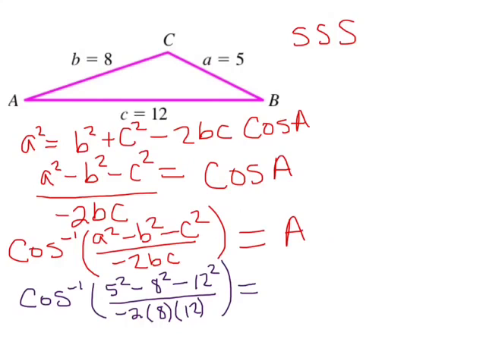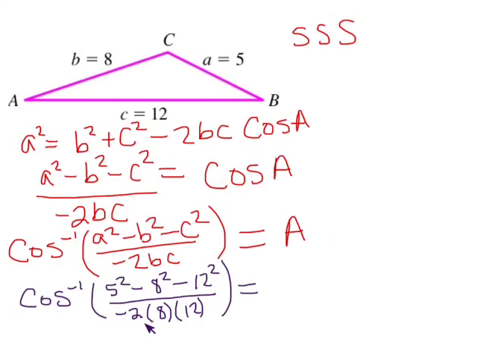When I simplify this, on the top I have 5 squared, which is 25, 8 squared, which is 64, 12 squared, which is 144. So 25 minus 64 minus 144. I would do the top part on your calculator and then the bottom part separately so that you have two distinct numbers.